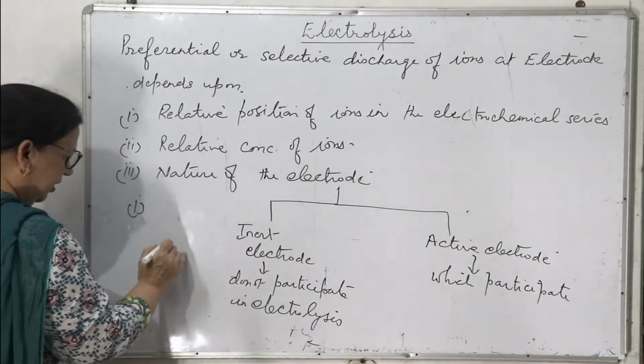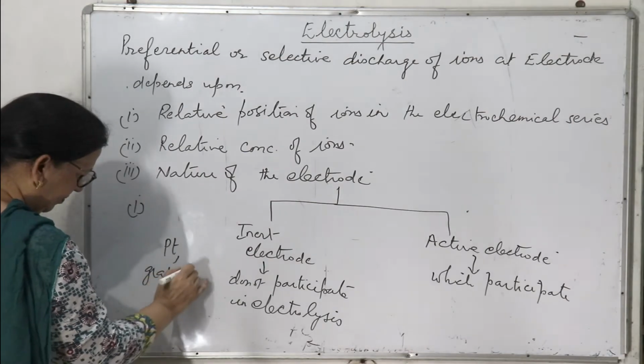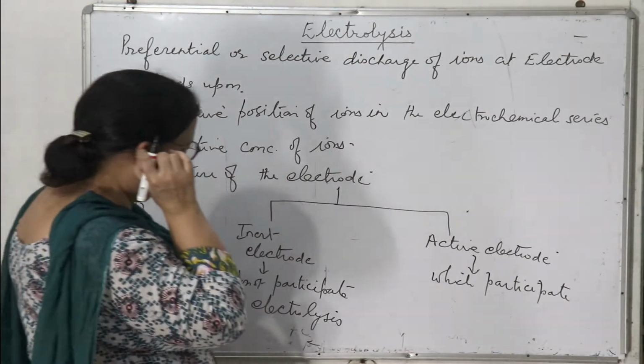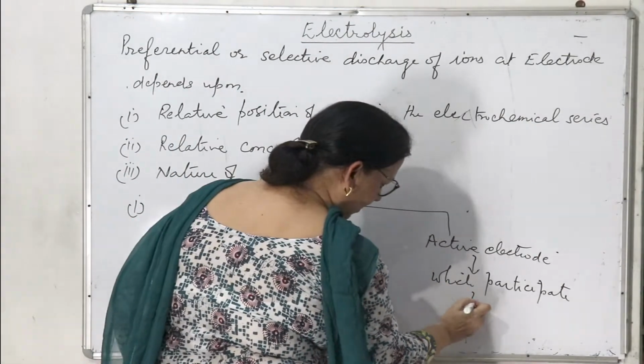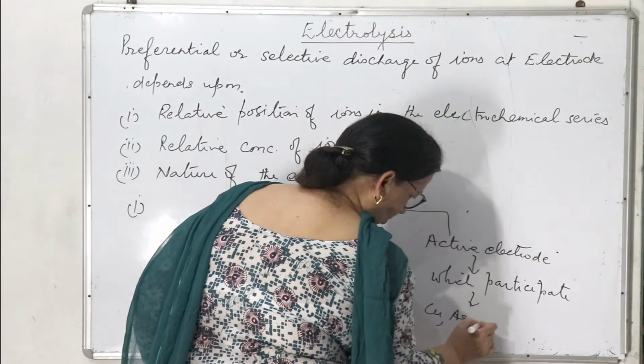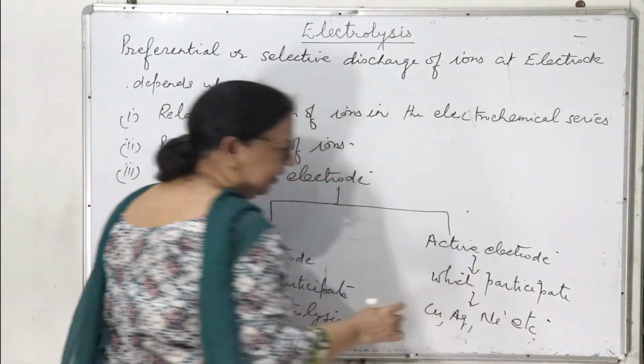Inert electrodes can be made up of platinum or graphite. Active electrodes can be made up of copper, silver or nickel, etc.